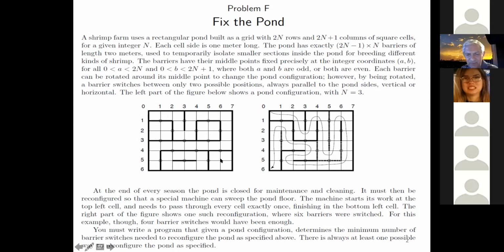Is that clear? On the other hand, if I flip as shown here, these dotted lines show you which ones were flipped. So I flipped 1, 2, 3, 4, 5, 6. Then it turns out that I will go from the start to the finish point but I'll visit every cell in the pond.